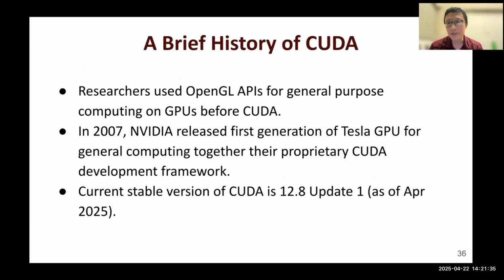Many years ago, when people started to use GPUs for general purpose computing, the only way was to use OpenGL APIs, which are highly optimized for computer graphics and game design. That was the primary programming language for those applications.